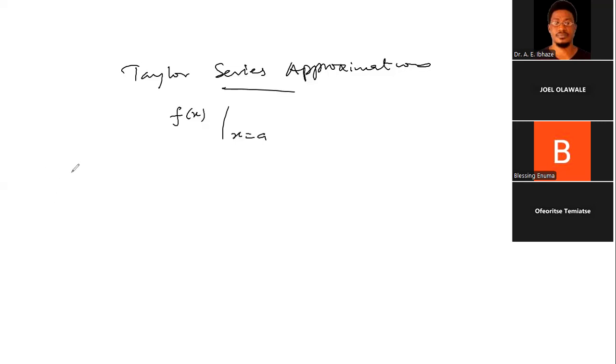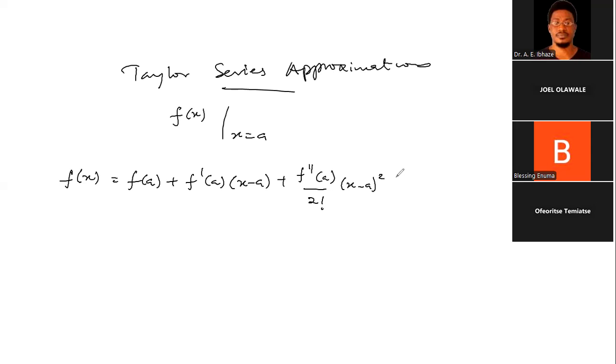So the Taylor series expansion will be f of x equal to f of a at that defined point, plus the first derivative of the function at that point times (x minus a), plus the second derivative of that function at that point over 2 factorial times (x minus a) squared, plus the third derivative of that function at that point over 3 factorial times (x minus a) cubed, all the way.